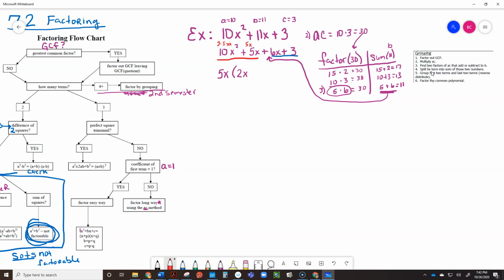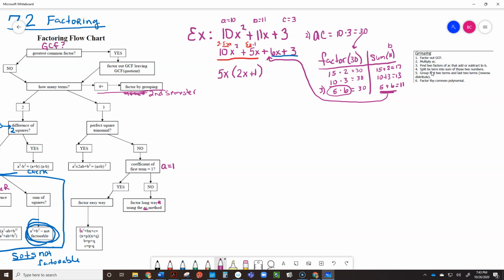What do these two have in common? The 5x. That's what I factored out. What was left up here, the 2x was left. And if I factored everything out right there, don't forget there's always a times 1. Because if you factor everything else, you have to leave that ninja 1 to be the placeholder. So I undistributed the 5x. I pulled out the GCF.